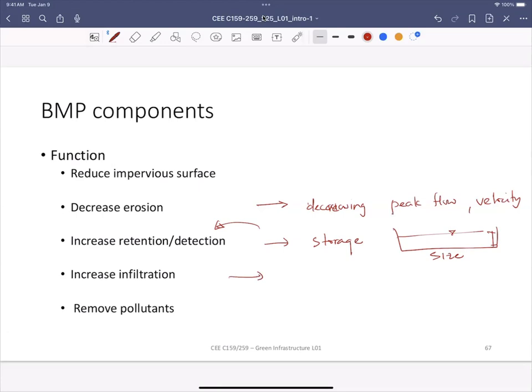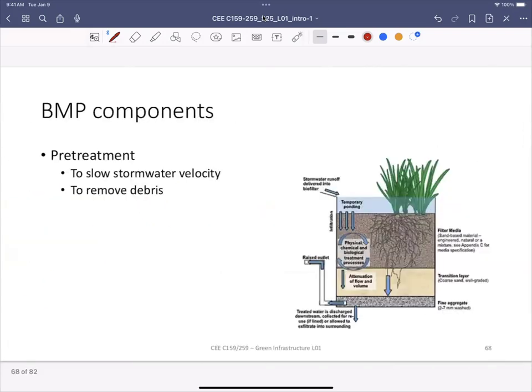Infiltration means going to the ground, so that means anything related to the soil layers below it gives you increased infiltration. How do you control it? You control it by changing that media from soil to something else, like sand. Removal of pollutants is related to everything that happens there, and we'll look at different aspects of it.